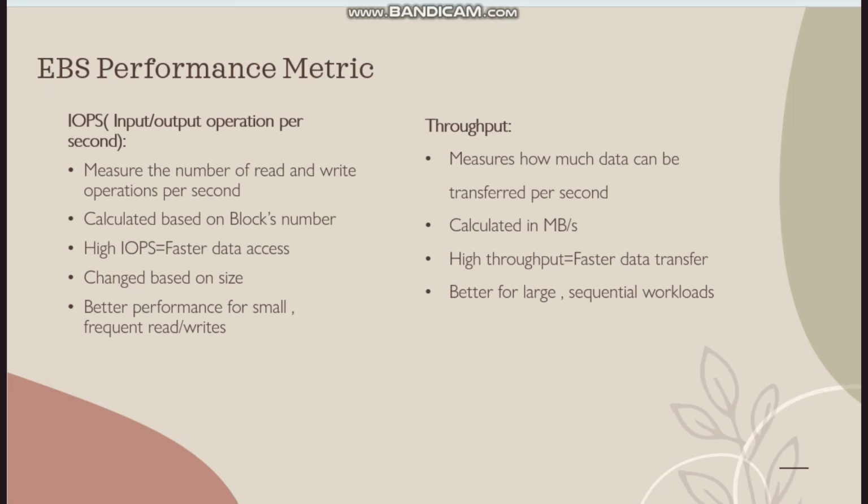If the IOPS is high, the data access is very fast, and the IOPS changes based on the size. If I want to perform frequent read and write operations, then IOPS is a better option to choose because it provides better performance.